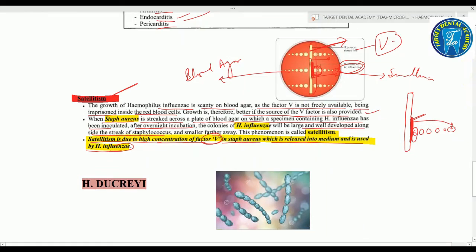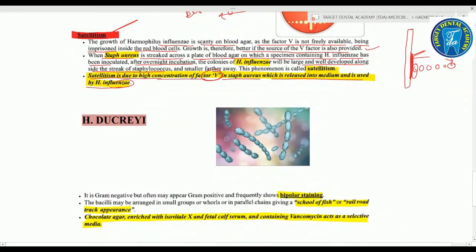Now second is Haemophilus ducreyi. These are gram-negative, but may appear as gram-positive, and frequently show bipolar staining. Mainly these are short gram-negative coccobacilli, ranging in size from 1 to 1.5 micrometer by 0.6 micrometer.